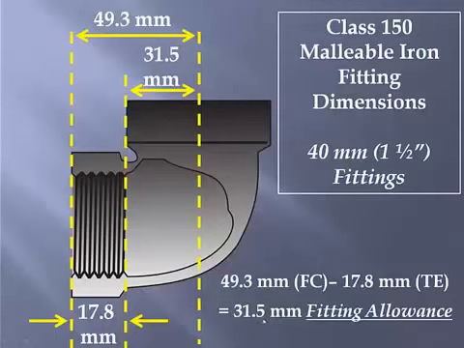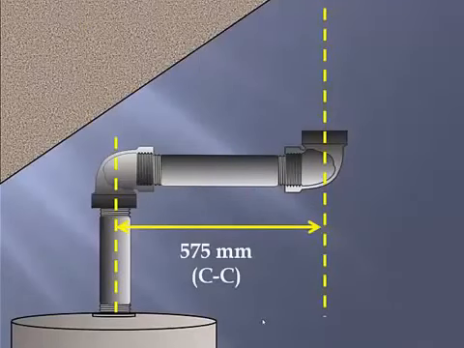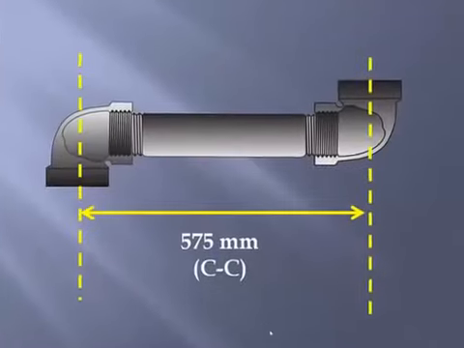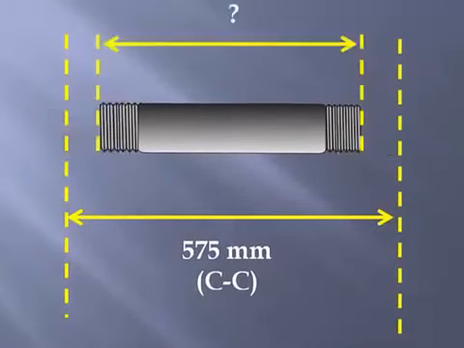So in our case, we require 575 millimeters between the center of the 1.5-inch or 40 millimeter fittings. Taking a closer look, we need to calculate the end-to-end measurement, which at this point is unknown.